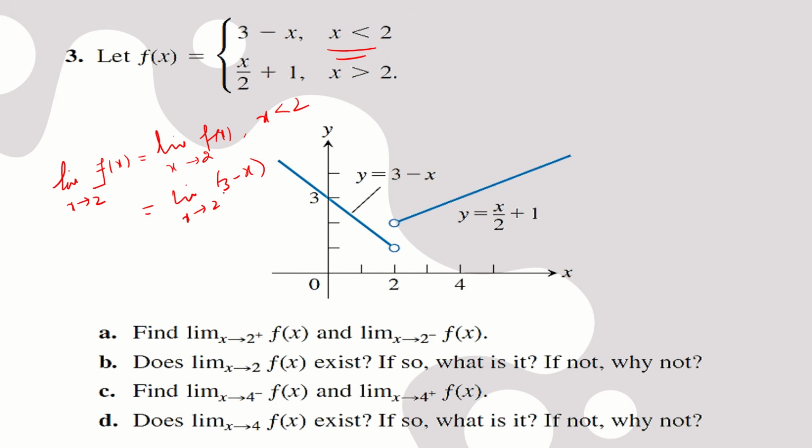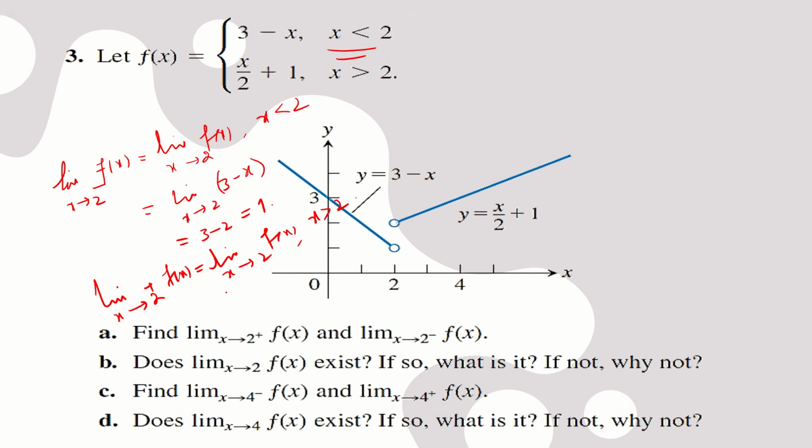So if you put the limit there, that will give you 3 minus 2, which is equal to 1. So left hand limit of this function is what? That is 1. And if you find right hand limit, so limit x goes to 2 from right side f of x, as I explained earlier, the rule is what? You just remove this plus and apply the condition that x will be greater than 2.